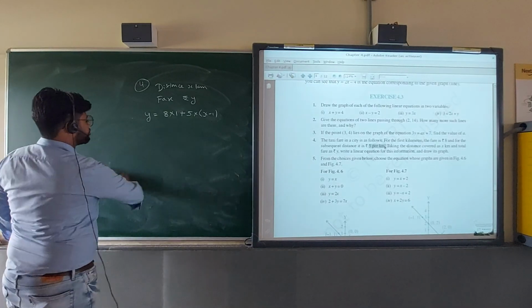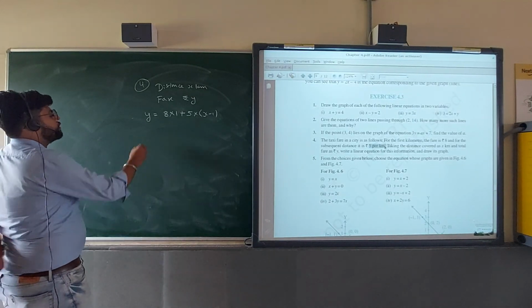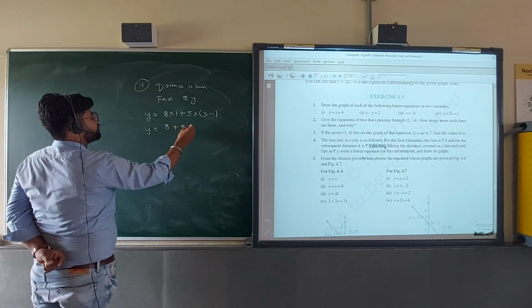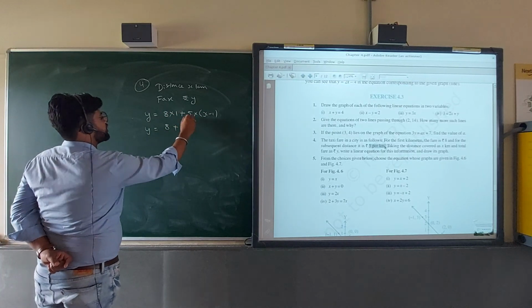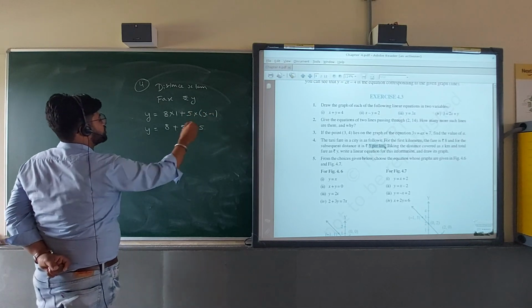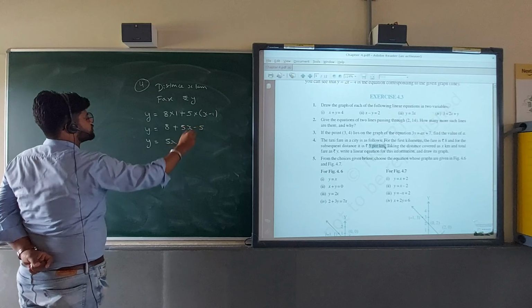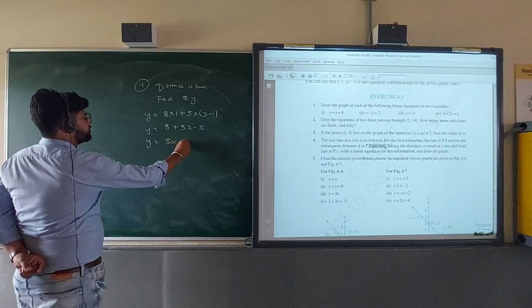Now the equation is what? y is equal to 8 ones are 8 plus 5 multiplied by x, 5x, and 5 multiplied by minus 1, minus 5. So y is equal to 5x, and 8 minus 5 is 3.